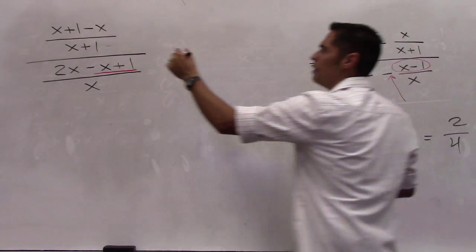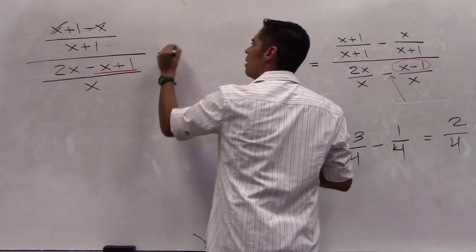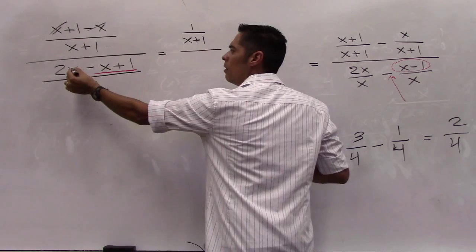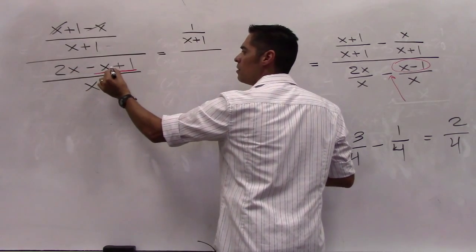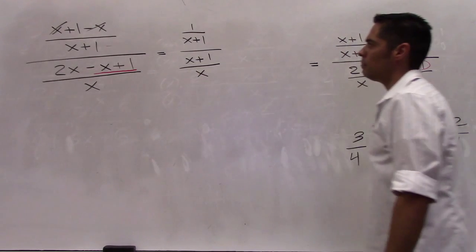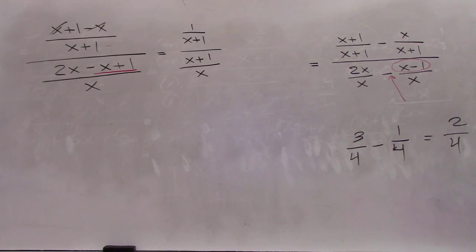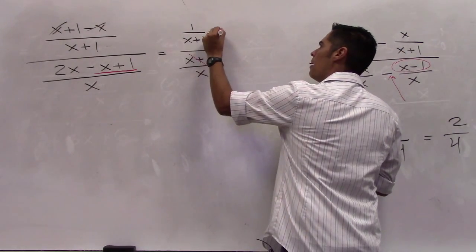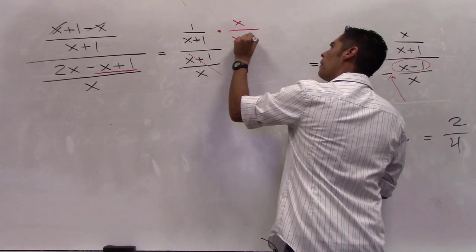So yeah, I'm going to cancel some stuff. Those x's are gone. So I have 1 over x plus 1. Then over here I have 2x minus x, so x plus 1 over x. And now you flip. So I'm going to get rid of this, multiply by it flipped over.